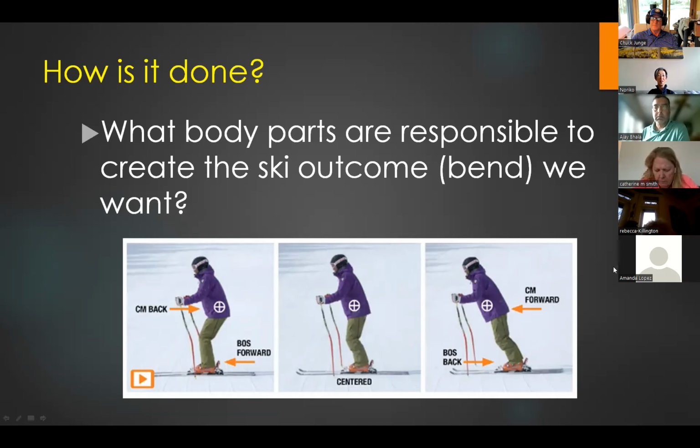So it's more to simplify than to really mean that you only bend your knees. Because if you only bend your knees, you're right. All you do is sit back.